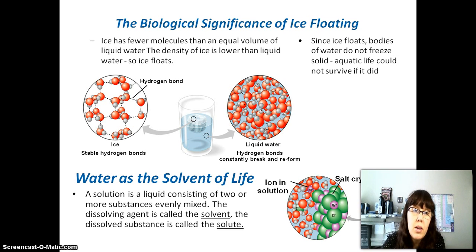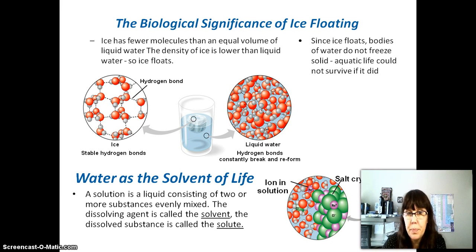I always find that odd because pretty much everything else, the general rule of chemistry is that the least dense is gas, then it's liquid, and then it's solid. But for water, least dense is gas, then you've got your solid, and then you've got your liquid as being the most dense.